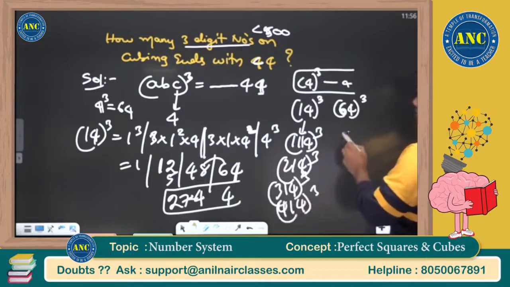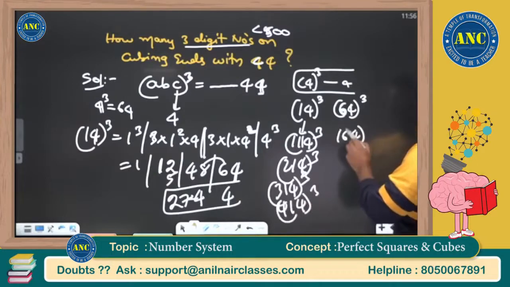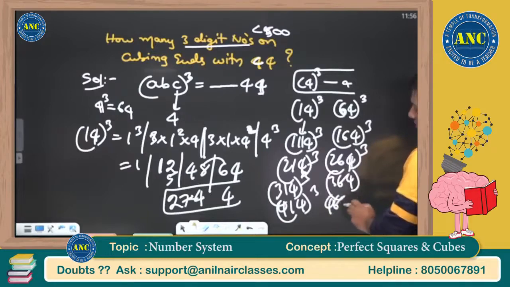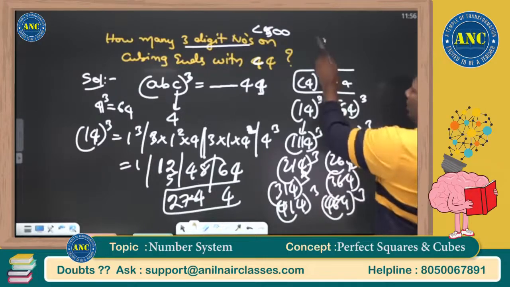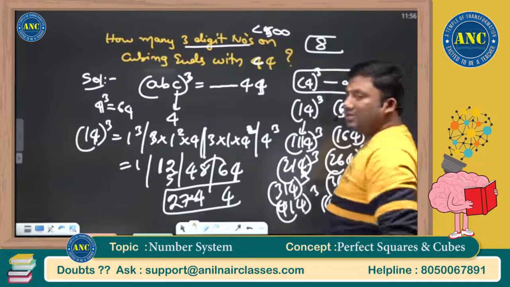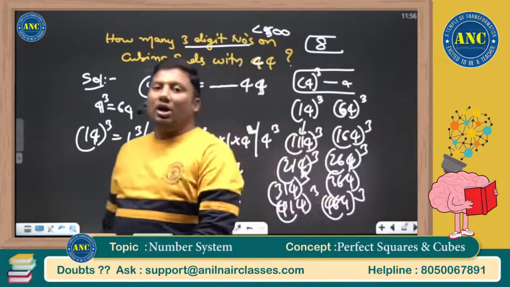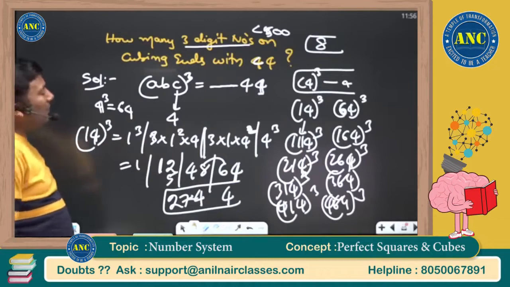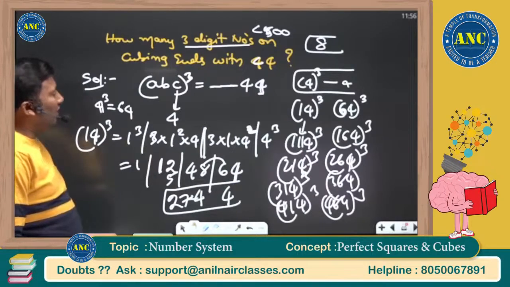Then 164 cube possible, 264 possible, 364 possible, 464 possible. 4 plus 4. Totally how many numbers are there less than 500 which on cubing end with 44? Answer is 8.